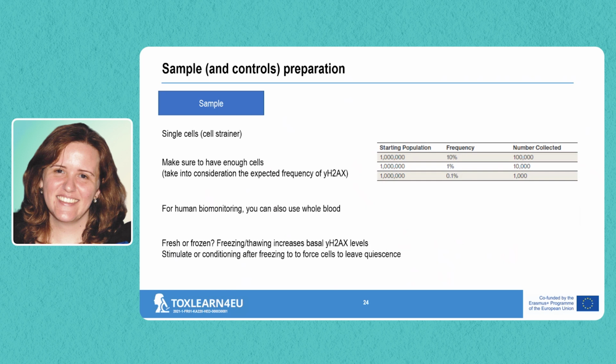There are also some studies I can give you if you want them, that try different strategies to see what can be done after freezing, and compare it with fresh samples. Some will stimulate cells after freezing, and others will just put them overnight in cell culture medium, to force cells to leave the quiescent state that they get with the freezing.